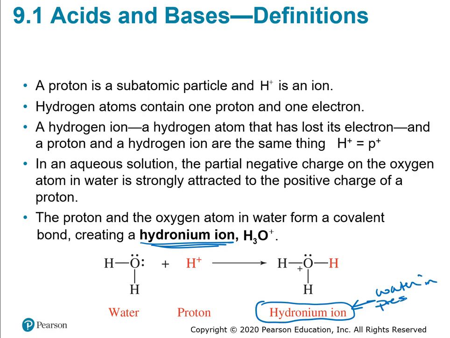So if water is in the presence of an acid, it always accepts or pulls in a hydrogen ion, so it ends up looking like an H3O+. It looks like water with an extra hydrogen. That's the hydronium ion.